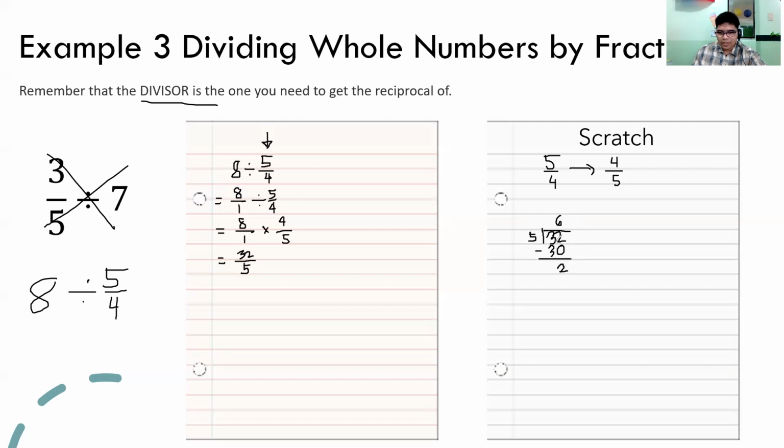That means in 32, there are 6 5s and 2 extra parts. So that's a total of 6 wholes, 2 extra parts out of 5 parts. So the answer here is simply 6 and 2 over 5.